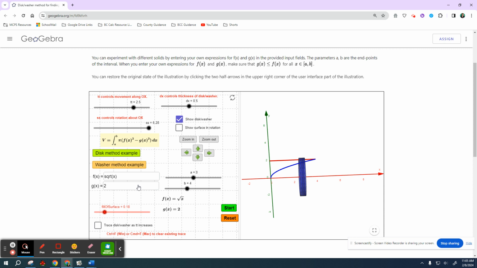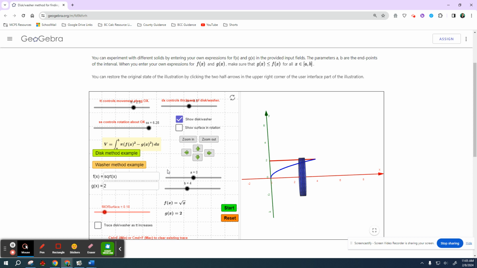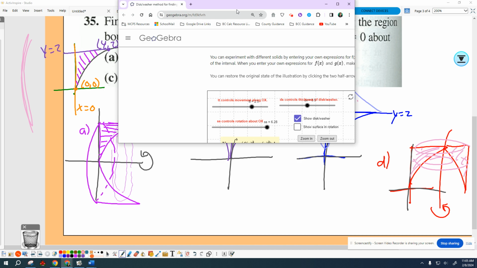The other one was to be rotated around y equals 2, not the x-axis. So let's see. I'm trying to change that, I don't see how it's going to let me.